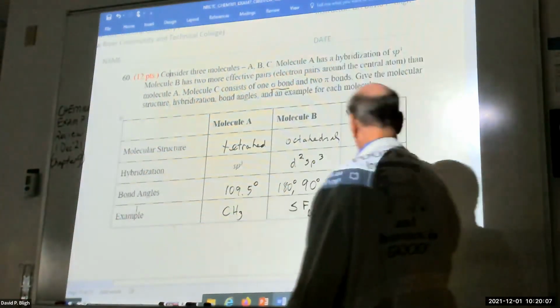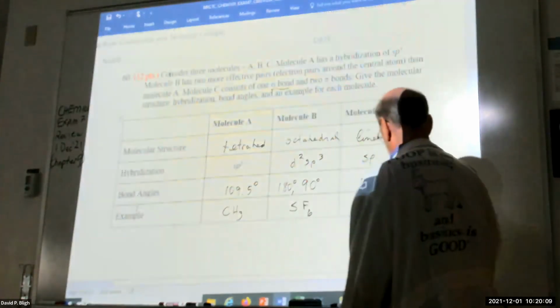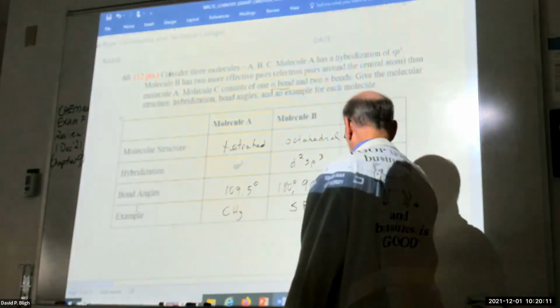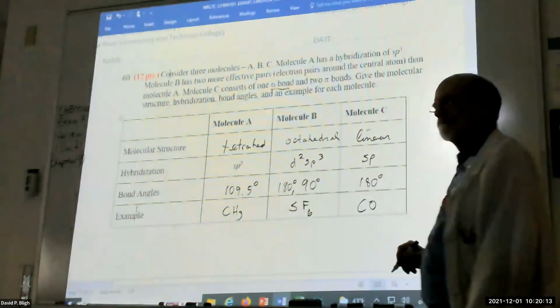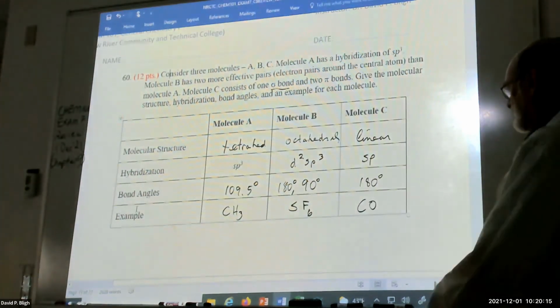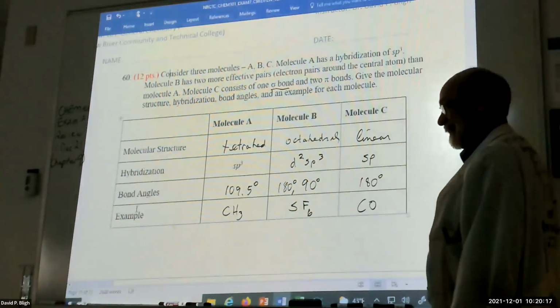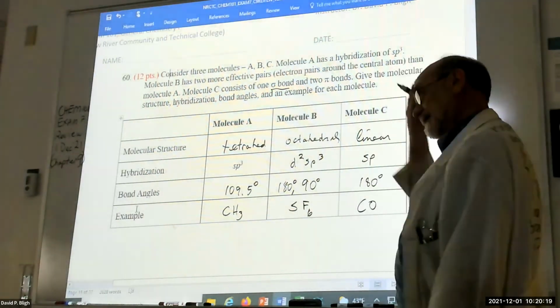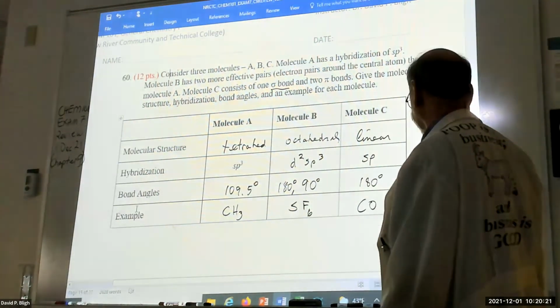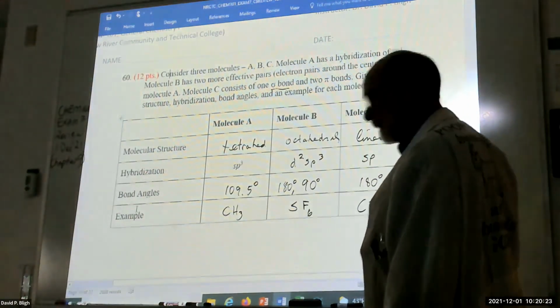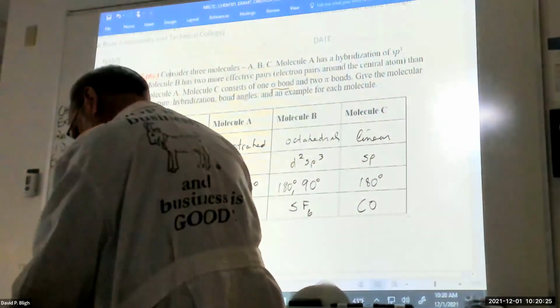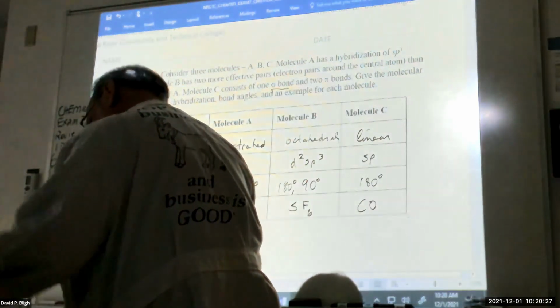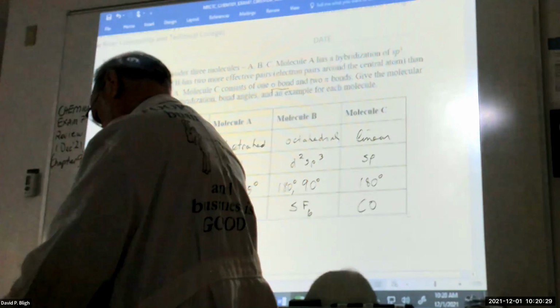Or here's a better one. Carbon monoxide. That's what makes carbon monoxide nasty. Okay, let's see. Is that it? Oh, we got the last one.